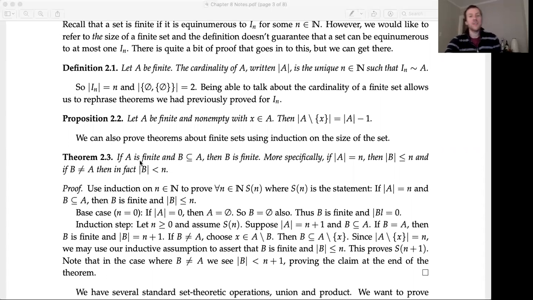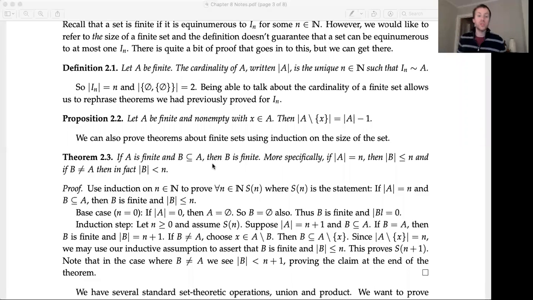This theorem says if A is finite and B is a subset, then B is finite, which is what we think should happen. More specifically, if A has cardinality n and B is a subset, then the cardinality of B is less than or equal to n, and unless it is all of A, it actually has a smaller cardinality. So this is how finite sizes should work. If you take a part of your set, it has a smaller size than the whole.